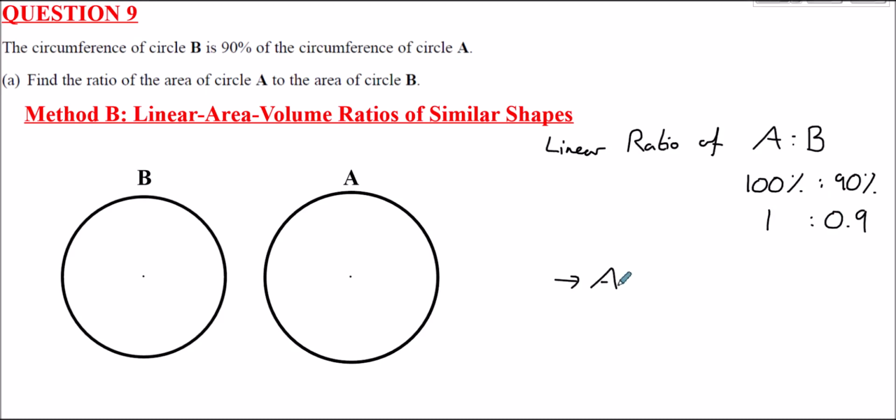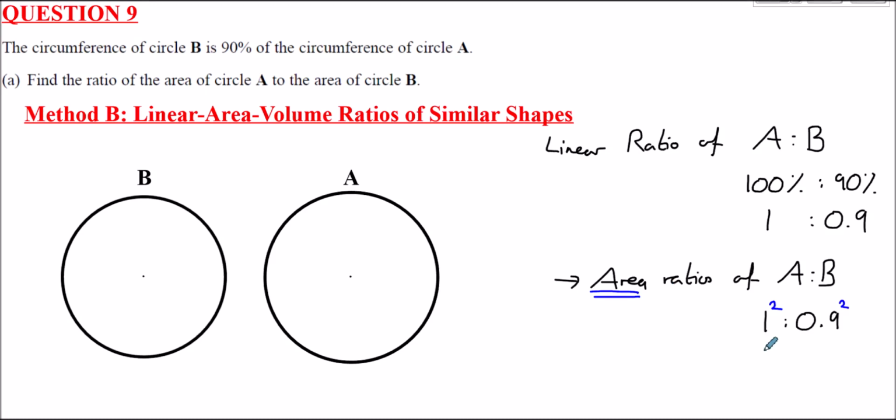So therefore the area ratio of A to B is going to be 1 to 0.9, but because this is an area, we just simply square both of the linear values in the ratio.